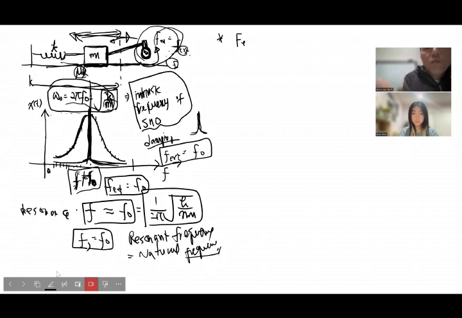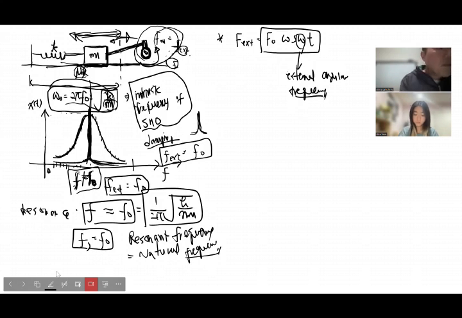So the external force could be formalized as a finite force F naught times cosine omega t. So omega is the frequency of the external force, the external angular frequency. And now you have this amount of force added into the system.